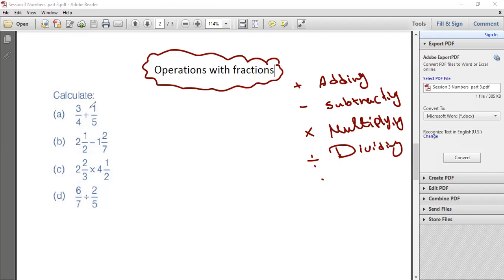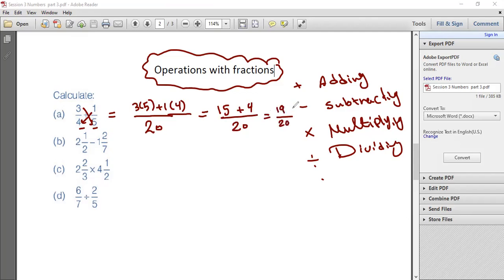For example, adding fractions. You do like this. You multiply 4 by 5, which is 20, and then make a cross product. You multiply 3 by 5 plus 1 by 4, equals 15 plus 4 over 20, equals 19 over 20.